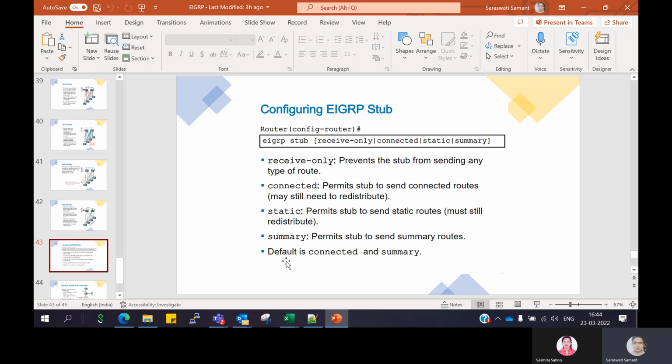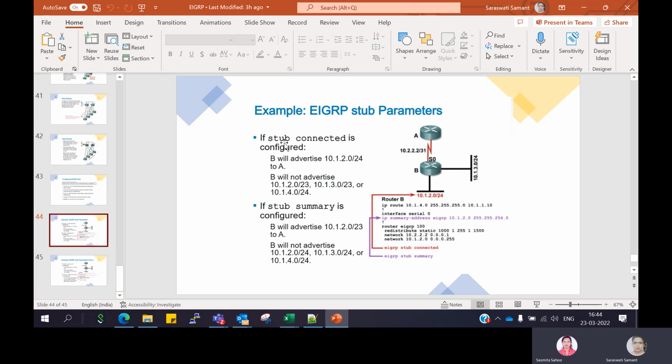Those are the 5 types: receive-only, connected, static, summary. When the stub is configured as connected, B will advertise only this particular network and not this one. Why? Because we have announced only this network and this network.